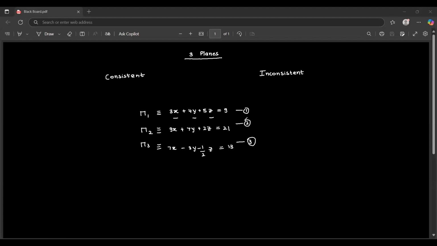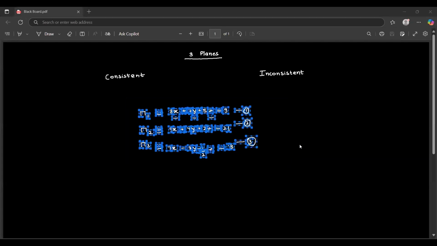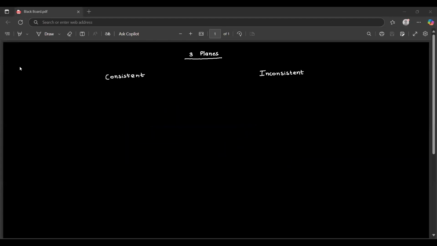So they intersect with each other at a common point or at a common line, or the three overlap each other. Inconsistent means if you can't find a single value or an infinite number of values for x, y, z which satisfy all these three equations, we call it inconsistent interaction. Very simple, so keep that in mind. If you can find a solution or more, that is consistent. If you can't find a solution, then that is inconsistent.